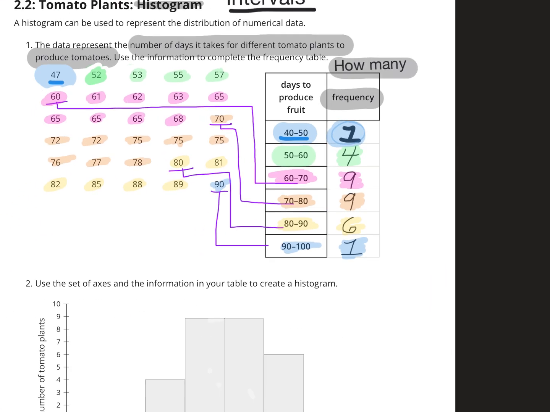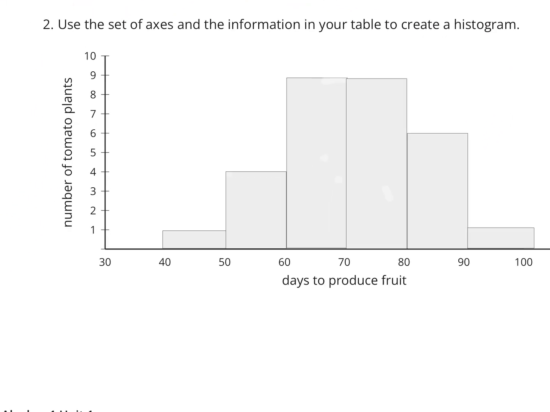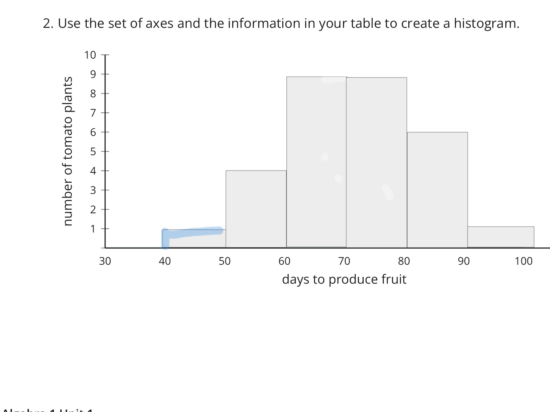So that is why the bar for the interval between 40 and 50, as you can see, its height is 1 unit high. If you look, it matches up with the 1. And the reason it does that, again, is because the interval between 40 and 50 had 1 piece of data that fell in that interval. So that makes the bar 1 unit high.